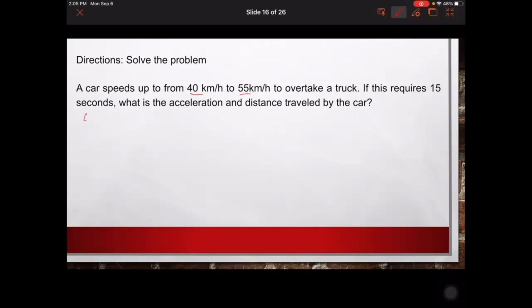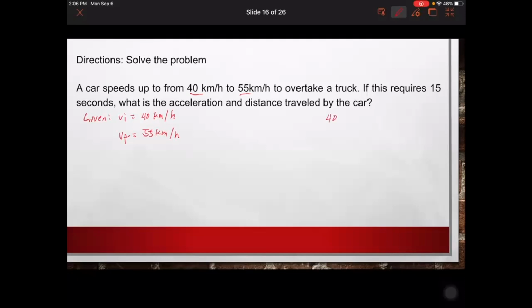Your initial is 40 kilometer per hour. Next, the final is equal to 55 kilometer per hour. Let's convert.